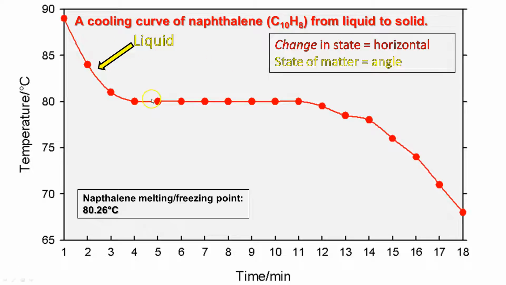So this is a liquid, which means that this horizontal plateau right here, even though the whole thing is cooling off, the temperature is not changing. That's because right here, it's freezing. During this freezing process, there is no change in temperature, even as the whole thing is quote unquote cooling off. That's because it's changing from a liquid into a solid. During this process, the temperature will not change while it changes state.